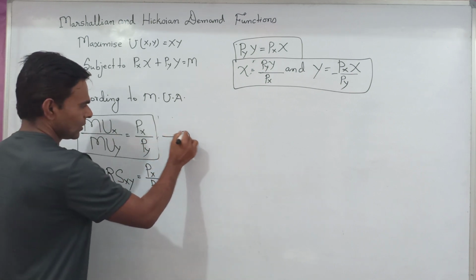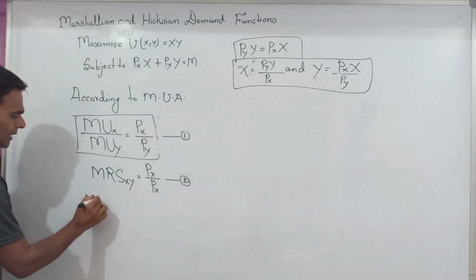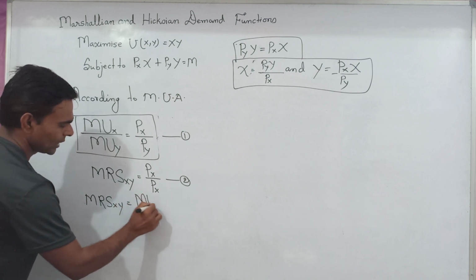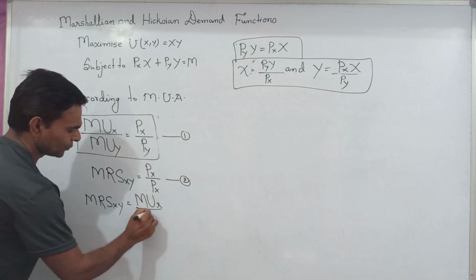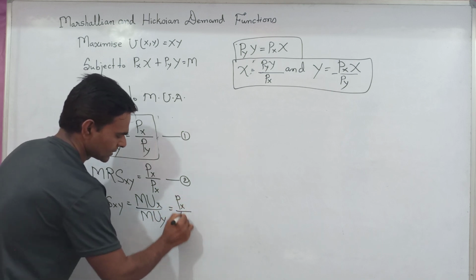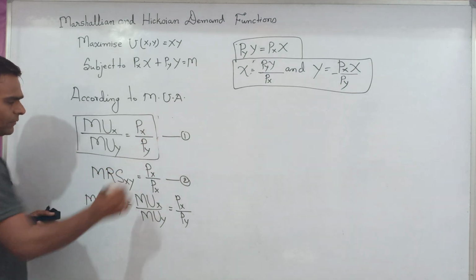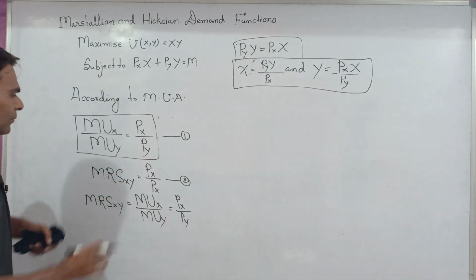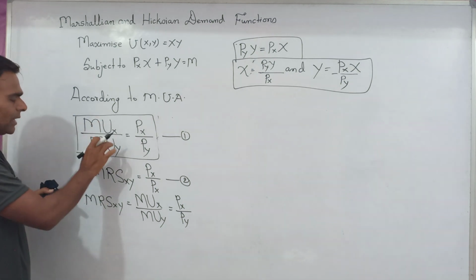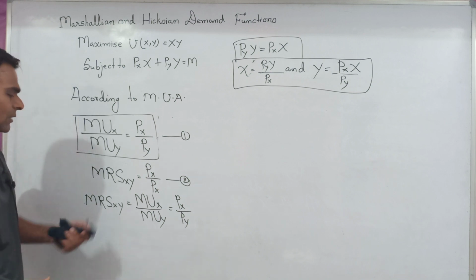From equations 1 and 2 we can put MRS xy equal to MU x by MU y equal to the ratio of their prices. Both are equal to the ratio of their prices. That's why MU x by MU y must be equal to MRS xy.